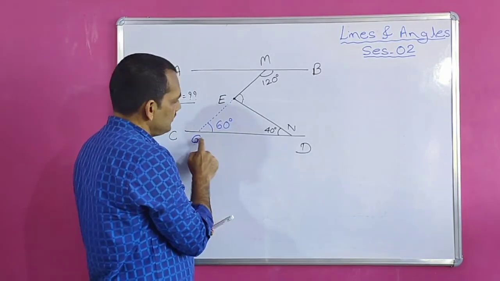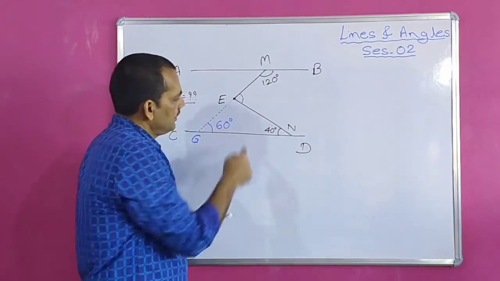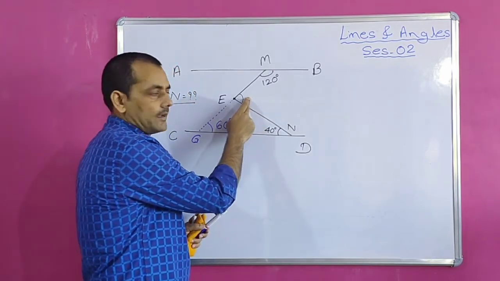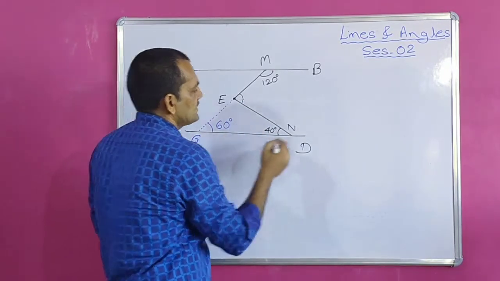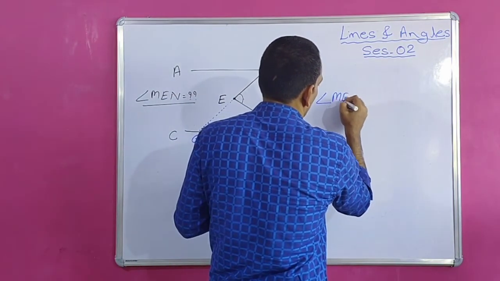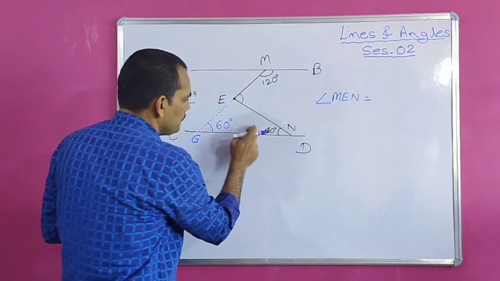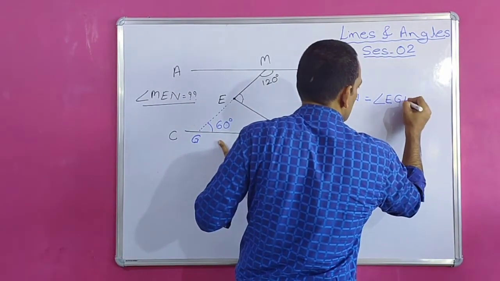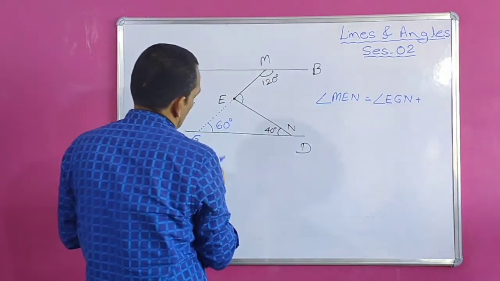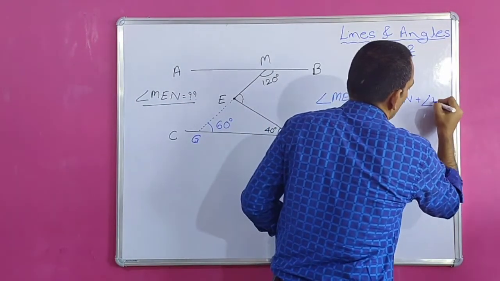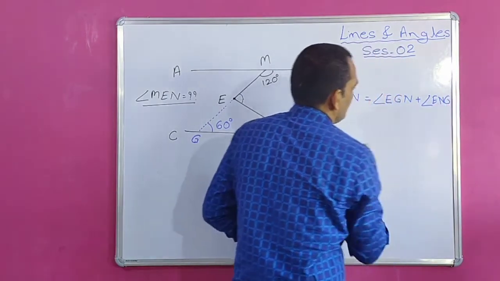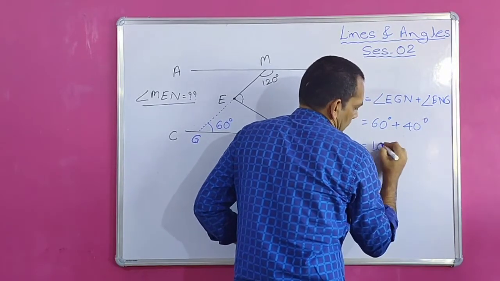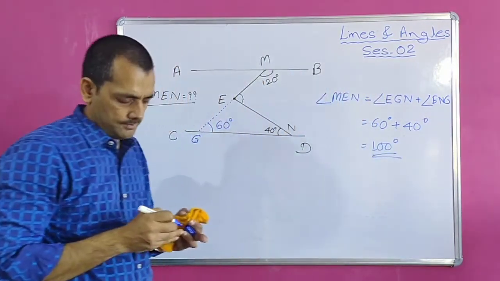Now in triangle GEN, these three angles will add to 180 degrees, and this is an exterior angle. So we know that the exterior angle is the sum of the two internal angles, EGN plus GNE, or ENG, which is 60 degrees plus 40 degrees, resulting in 100 degrees.